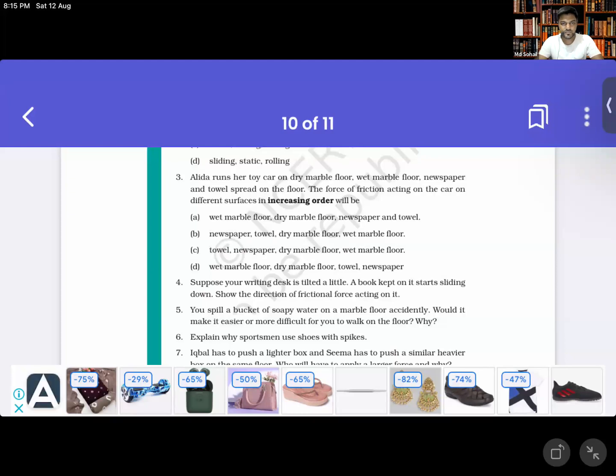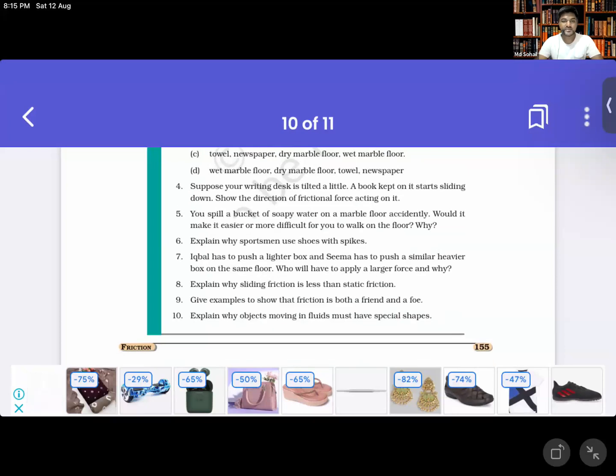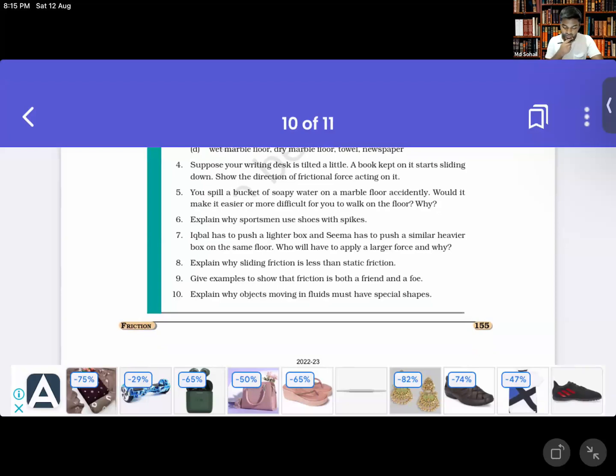Right. Okay. Suppose your writing desk is tilted a little here. If it is tilted a little, a book kept on it starts sliding down. So we need to show the direction of frictional force acting on it, right?